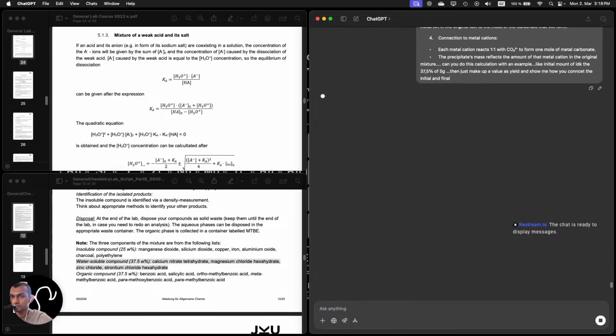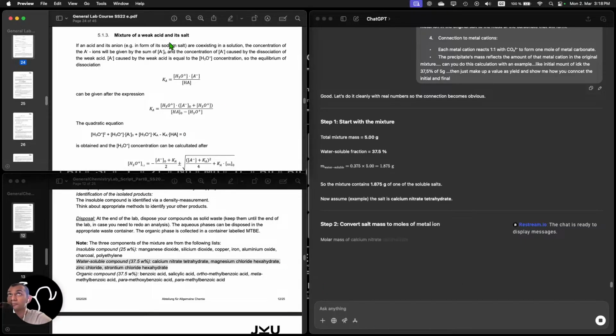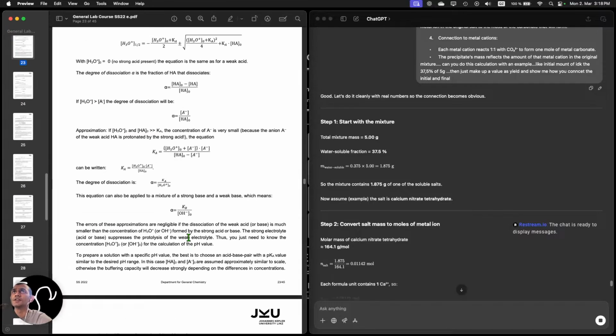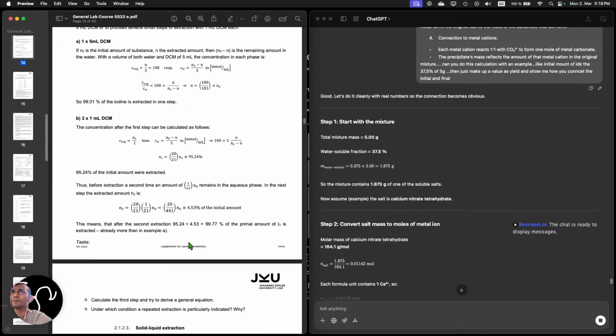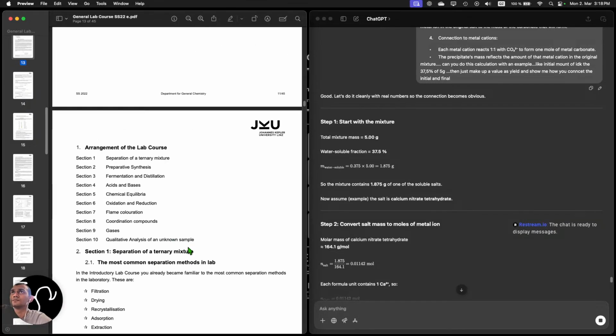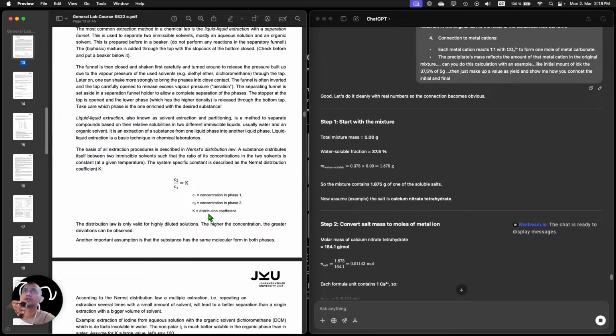Let me see what GPT is doing. Maybe it's mentioned here. Oh yeah, it should be. Absorption, liquid extraction. The basis of all extraction procedures is described in the Nernst distribution law.